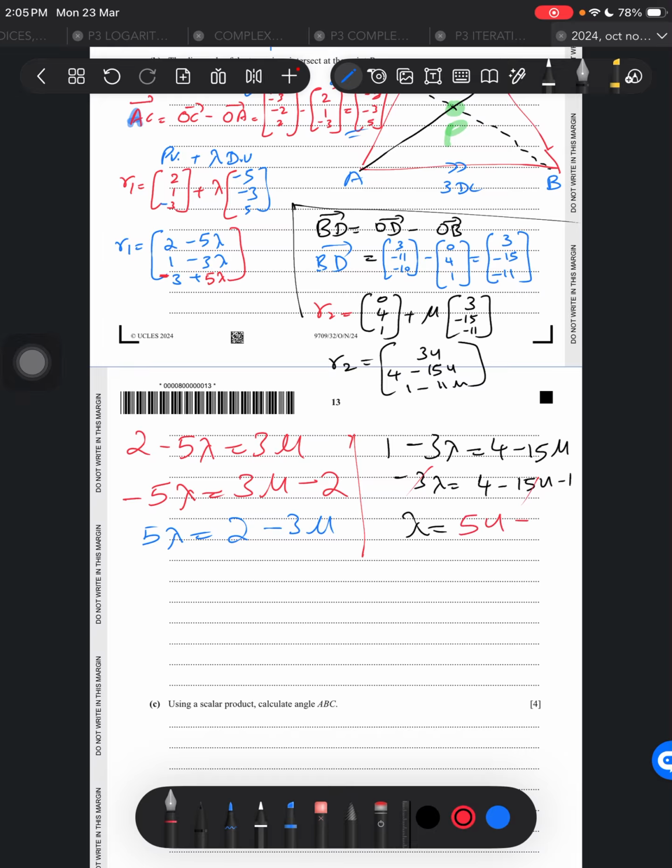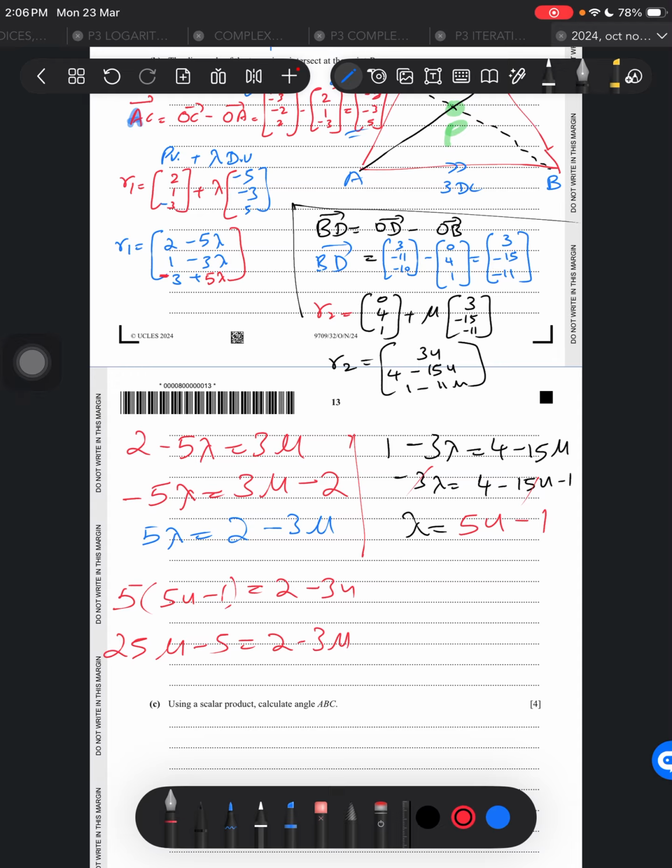minus 1. So we can plug in the value of lambda or in the value of mu, whatever we think. So first, let's say I'll plug in the value of lambda in this equation, 5 mu minus 1 equals, so you will have 25 mu minus 5 equals to this 3 mu.